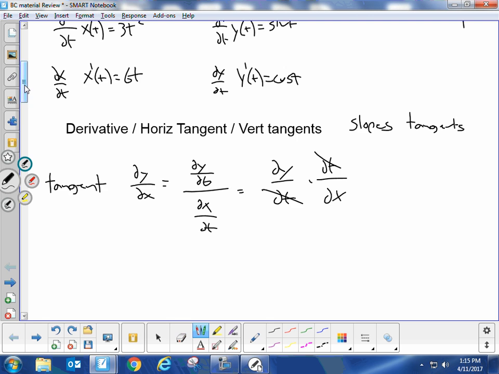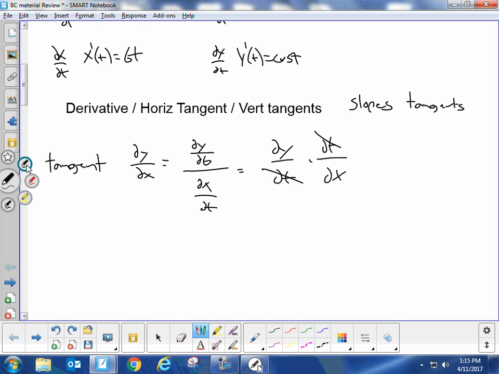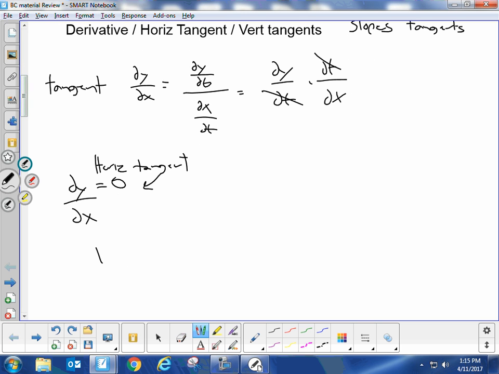Okay, horizontal tangents and vertical tangents. Remember, a horizontal tangent is when we're not moving up or down, but we are moving left or right. So a horizontal tangent occurs when just the top piece, dy dt, is equal to 0. Our vertical tangent occurs when just our bottom piece, dx dt, is equal to 0.